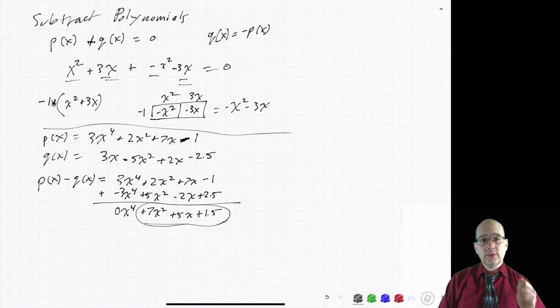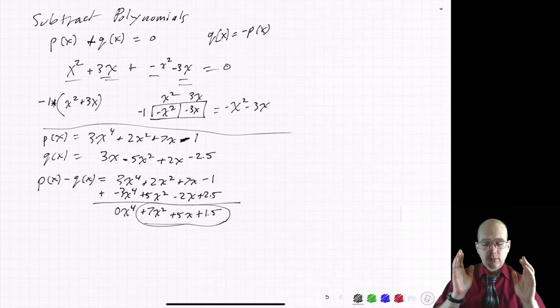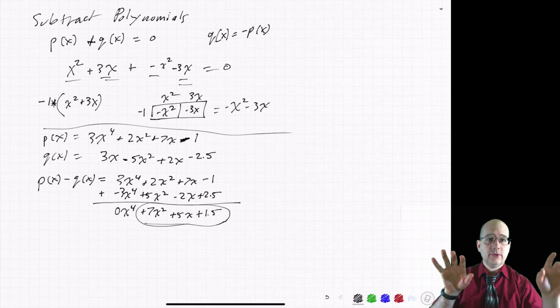Before moving on, you should be comfortable with adding, multiplying, and subtracting polynomials, right? Make sure you understand that when adding or subtracting polynomials, you're always combining coefficients of the same degree terms, right? Multiplying, you're pairing every single term on the left with every term on the right.